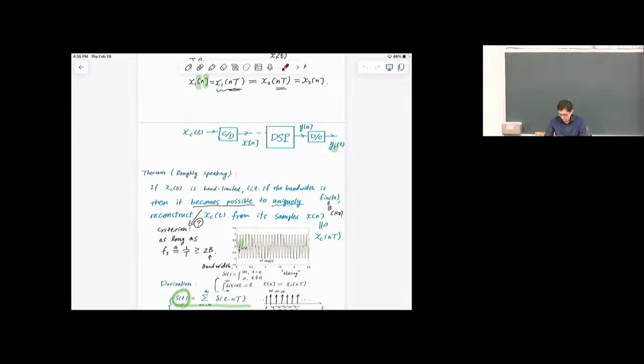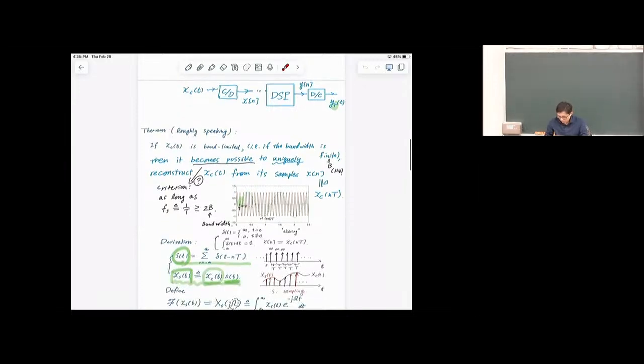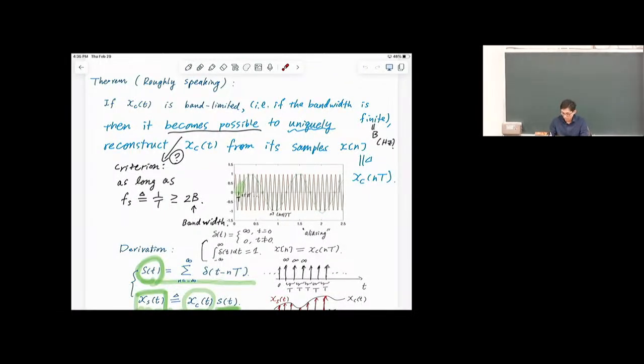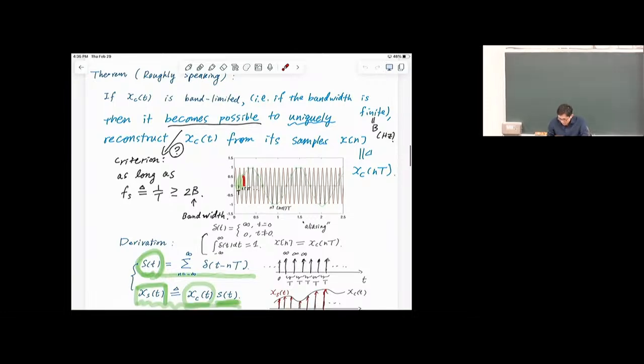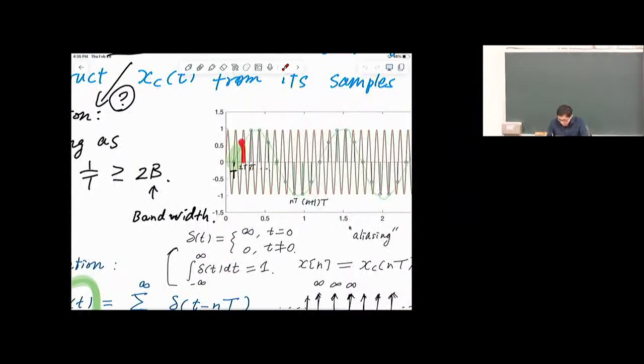Last time we started by giving you an example of what if not, a bad example. What if we don't sample fast enough? In this example, when we don't sample fast enough, the resulting sequence of numbers looks like these red dots, whereas the red curve in the background is the continuous time signal.